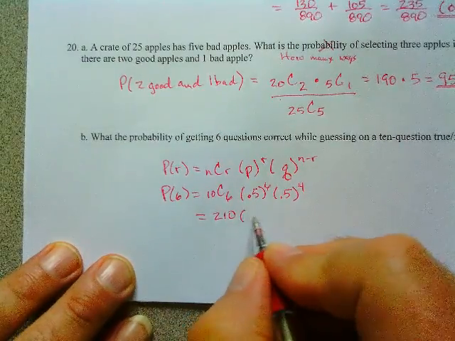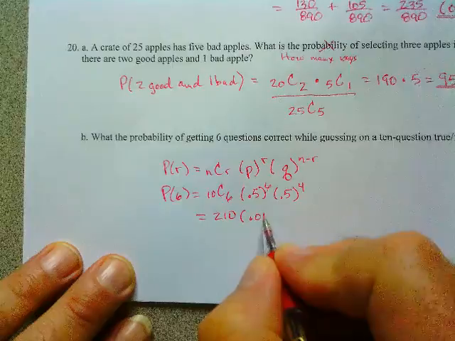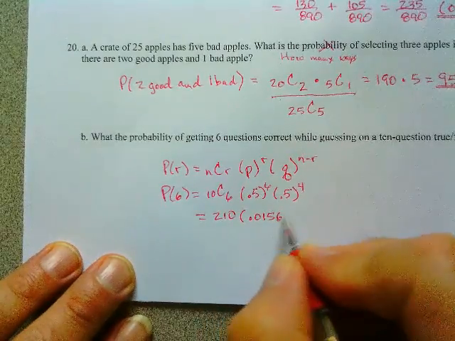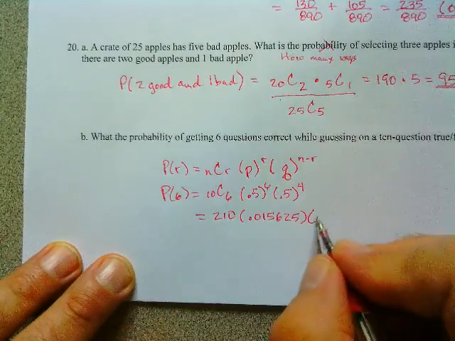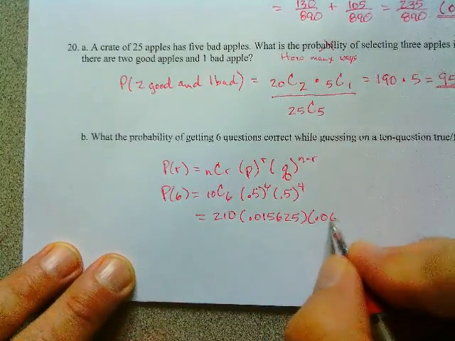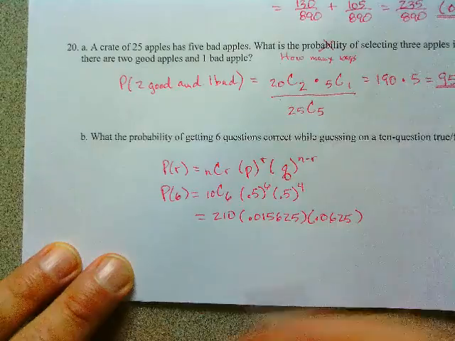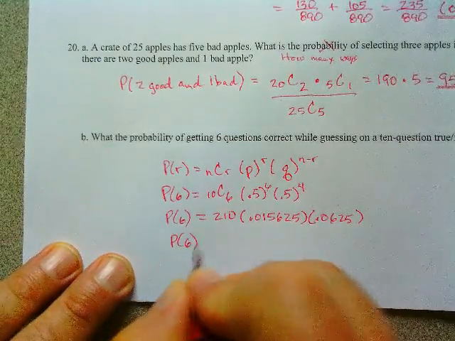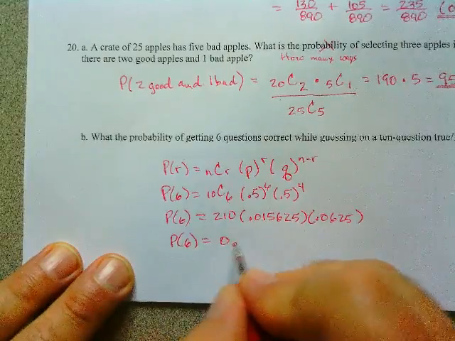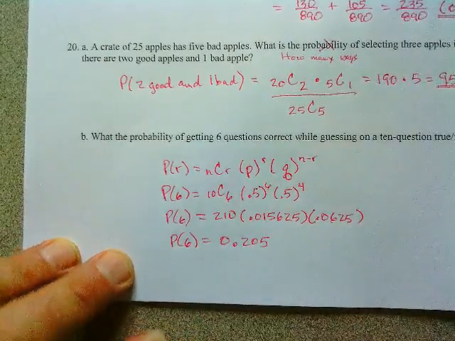0.5 to the 6th power is 0.015625. And then 0.5 to the 4th power, 0.0625. Multiply that all together. 0.205.